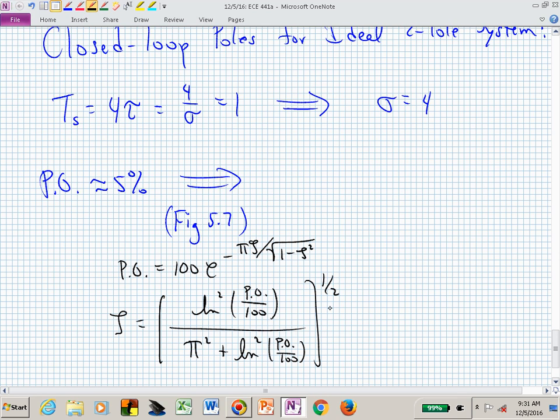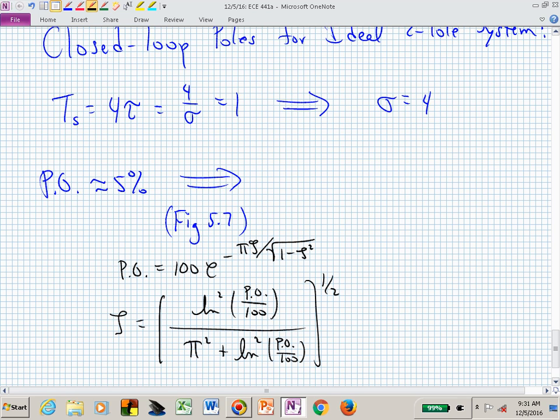But the big thing here is to remember that square root. A lot of times people forget to hit the square root after they've calculated everything in brackets. But if we have the percent overshoot of 5, we plug in PO of 5, and now we take the natural log of that, square it, divide by pi squared, and if you don't know pi to many different digits, just say pi squared is roughly 10. That's close enough probably for what we need.